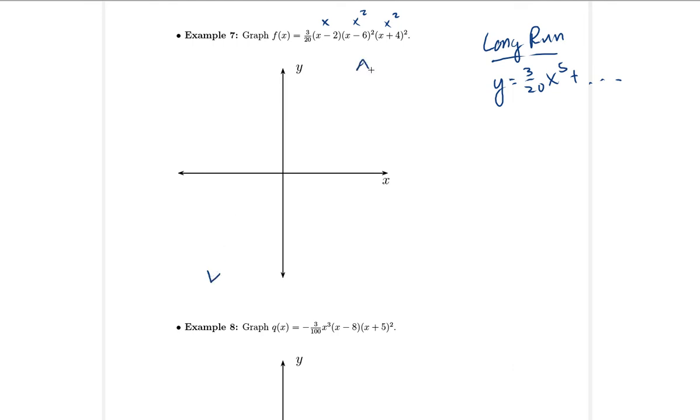Okay, we know that in the long run that's what's got to happen. But in the meantime, right, we have a 0 of x equals negative 4. It has multiplicity 2, right? X equals 6 with multiplicity 2. And then x equals 2 with multiplicity 1.